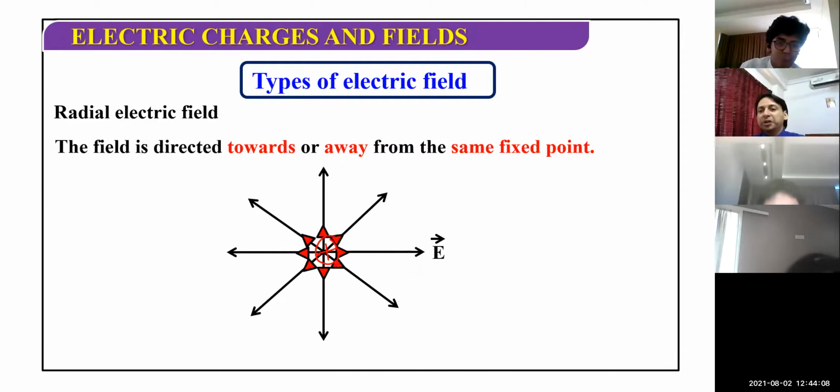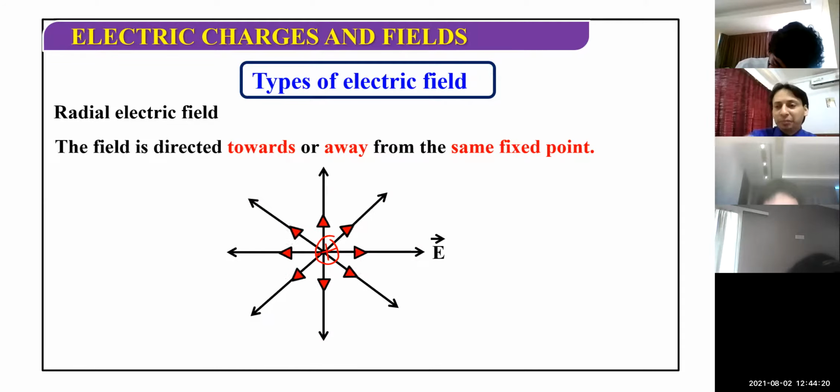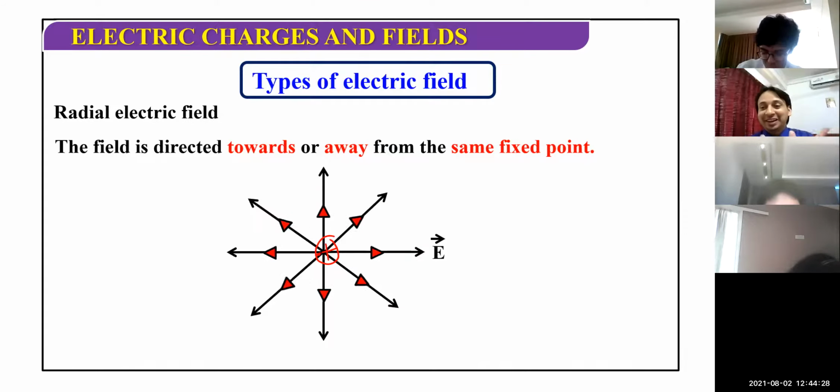If we have a positively charged body, the direction of the electric field lines will be outward, radially outward. Radial is a mathematical term: away from the center in the case of a positively charged body, radially outward.